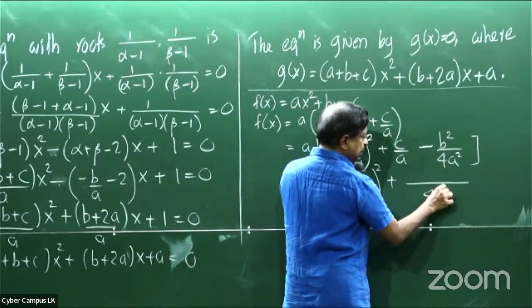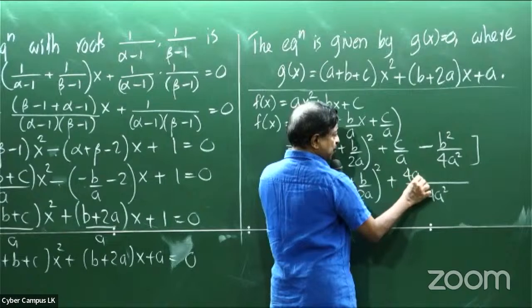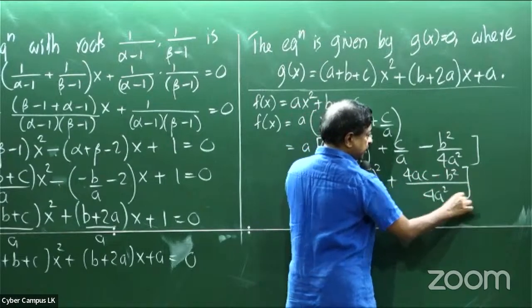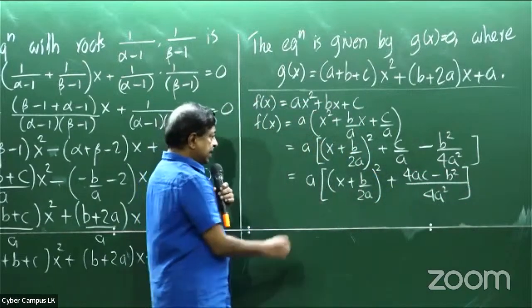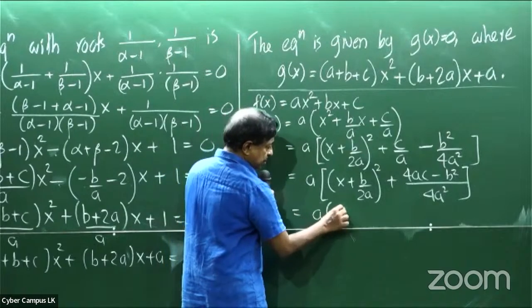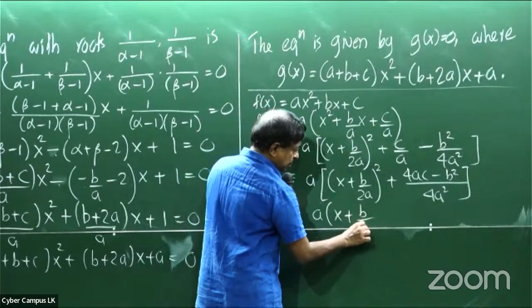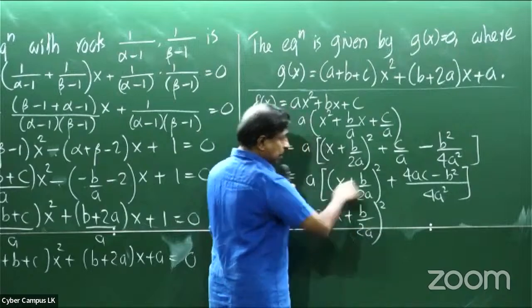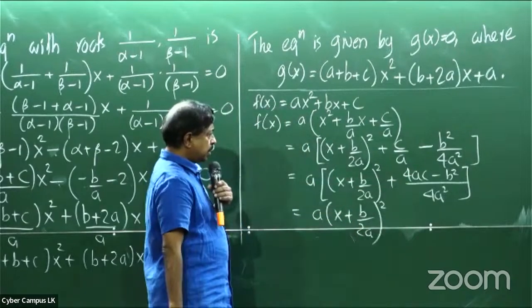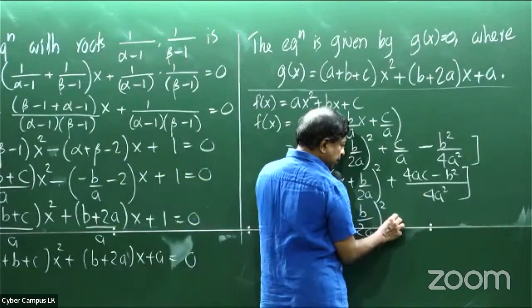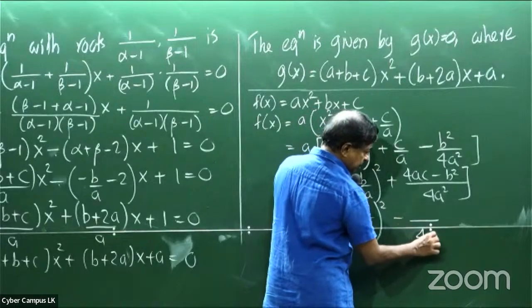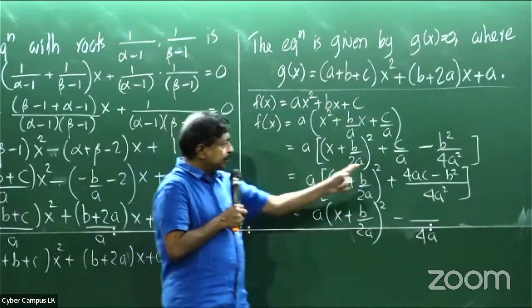Above one common denominator, you can write it like this: 4ac minus b squared, which is minus delta. Now multiply this. When you multiply these two, you get 4a in the denominator. This is minus delta.